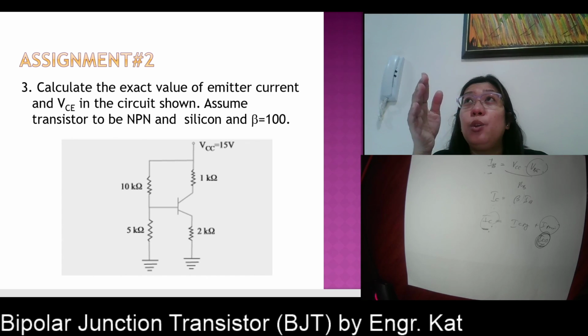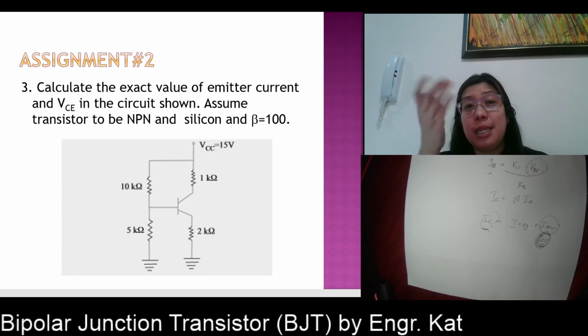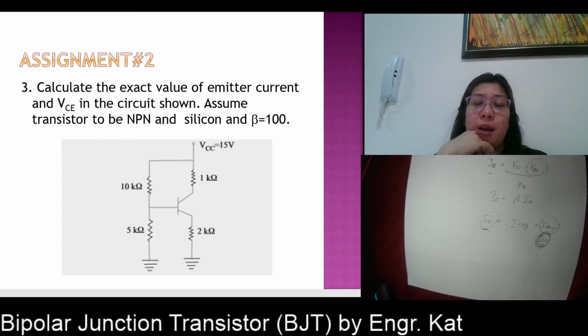We are trying to look for the most stable configuration, and that is your voltage divider configuration. So the next videos will be about AC analysis. In AC analysis, there we can witness already what we mean by transistor amplification.